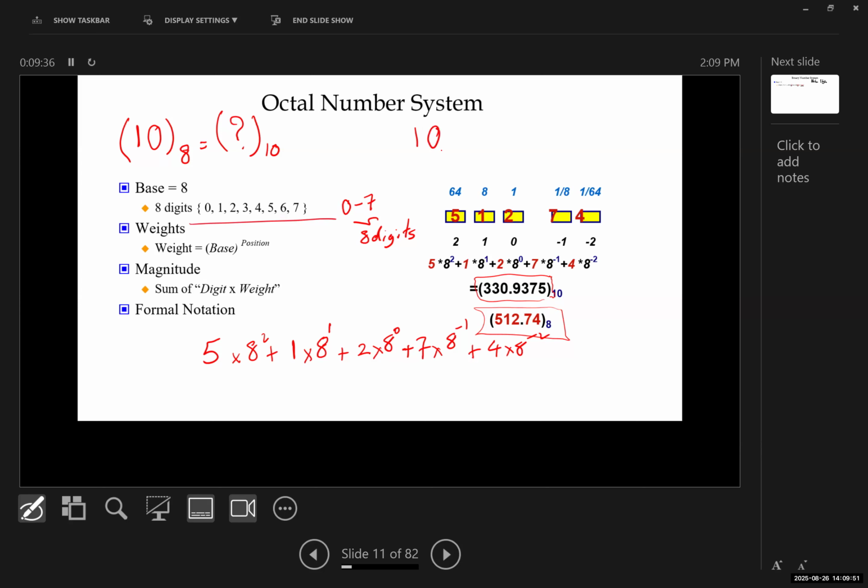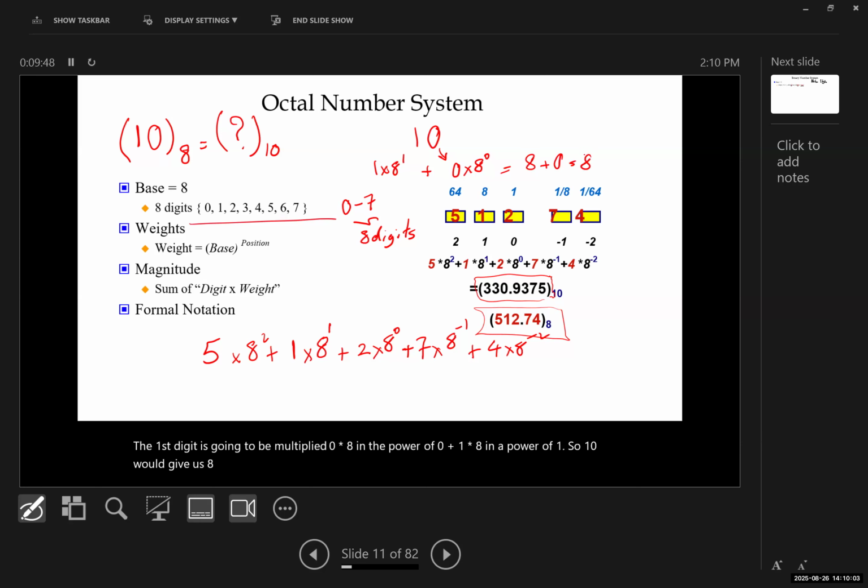The first digit is going to be multiplied: 0 times 8 to the power of 0 plus 1 times 8 to the power of 1. So 10 would give us 8 plus 0, which is 8. So 10 in the base of 8 is actually 8 in the base of 10.